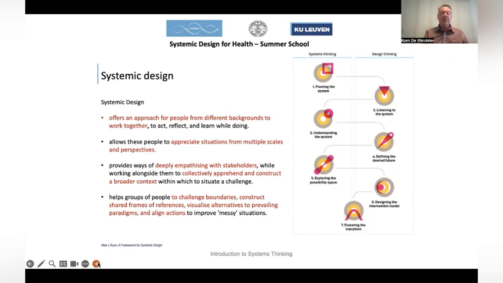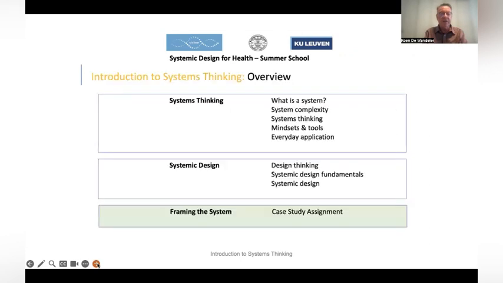And you help each other to challenge boundaries, construct shared frames of reference, and you will, in the course of the workshop at Thammasat Design School, you will visualize alternatives, hopefully, to prevailing paradigms, the paradigms that you will be conducting during your case study work.